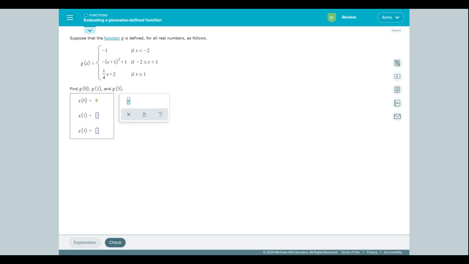And so therefore, I'm going to use 1/4 times our x value, which is 1. So 1/4 times 1 is 1/4. 2 plus 1/4 is 2 and 1/4, which is the same thing as 9/4.